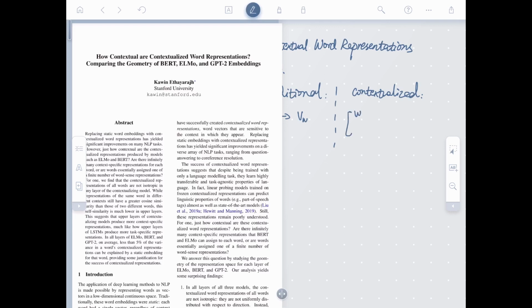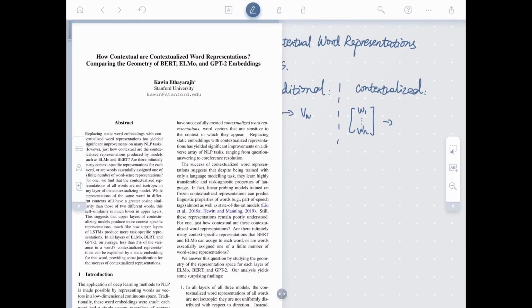Let's say you have a sentence of n words, and then you encode them with something like BERT or ELMo or GPT-2 to get n word vectors.